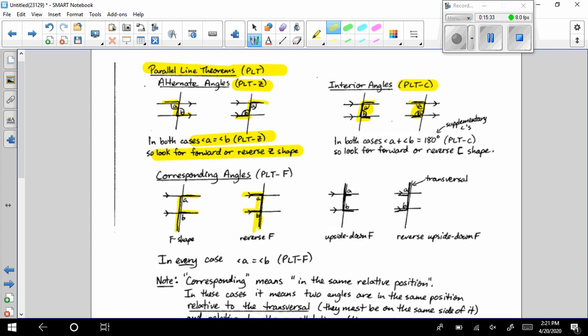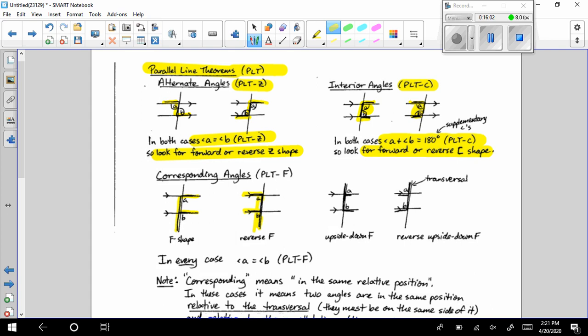PLTC is the acronym because we're looking for either a forward C shape or a reverse C shape. And what's special about them is that those interior angles are always going to add up to 180 degrees. So one interior angle plus the other interior angle will add up to 180.